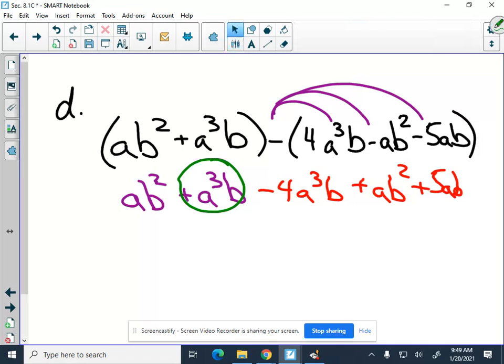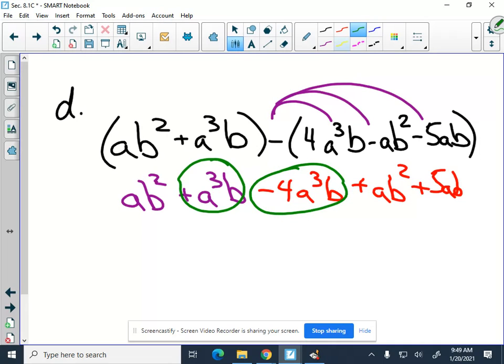So any term I add has to be the same thing. This one has an A to the 3rd with a single B. Those two are like terms. So I have 1 here and I have negative 4 here. So what I have is negative 3A3B. Again, it doesn't change the exponents. It changes the number in front.